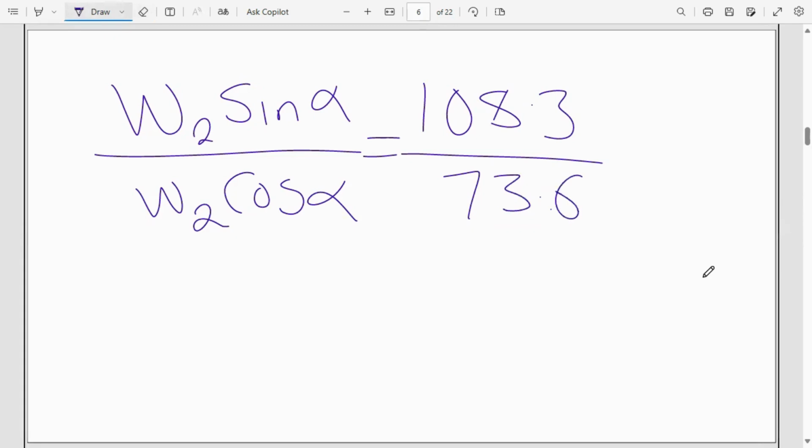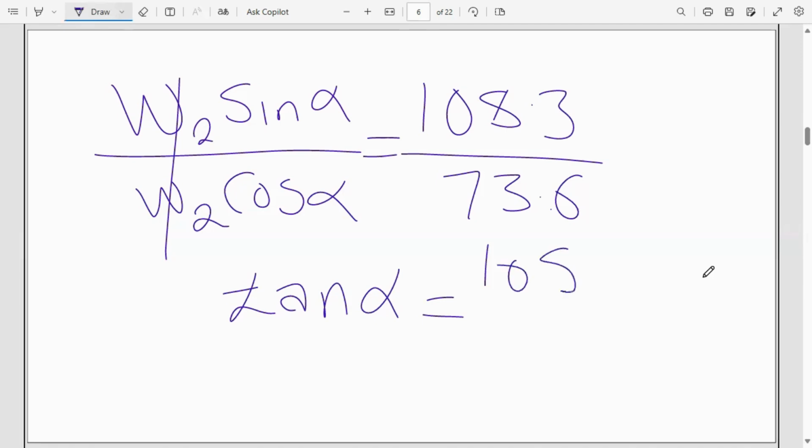73.6, like that. So if you've done trigonometry before, I'm sure you'll agree with me. W2 and W2 cancel out from that side. We have sine alpha divided by cos alpha. And this is going to give us tan alpha. Tan alpha will be equal to the answer we're going to find when we divide 108.3 over 73.6.